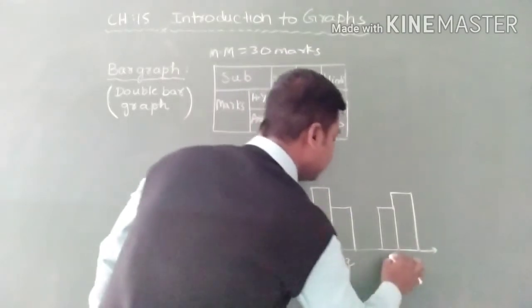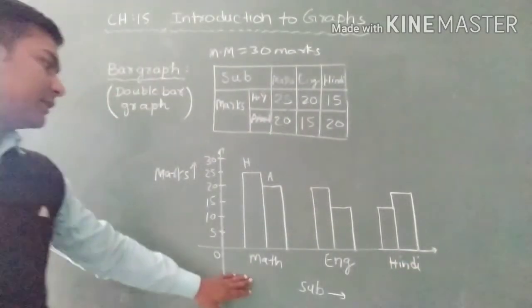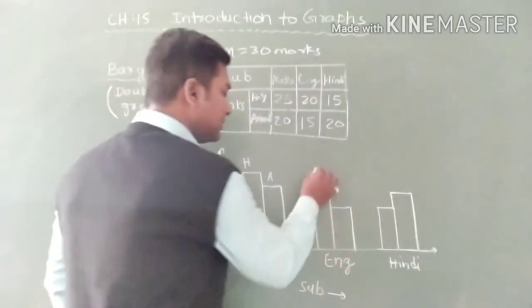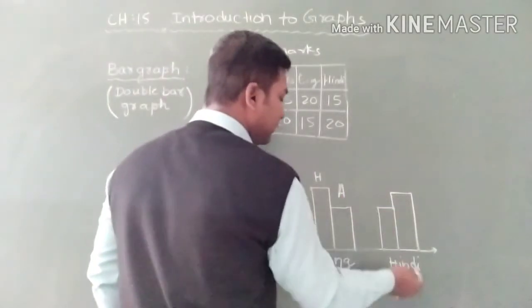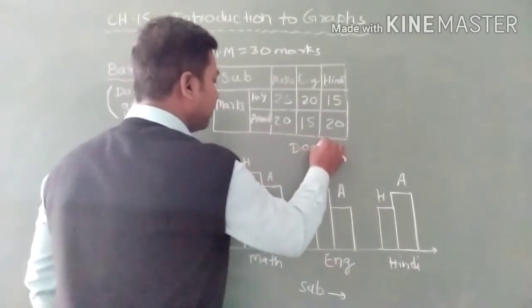This is the Hindi subject. So in maths, half yearly and annual; in English, half yearly and annual; in Hindi, half yearly and annual. So this is the double bar graph.